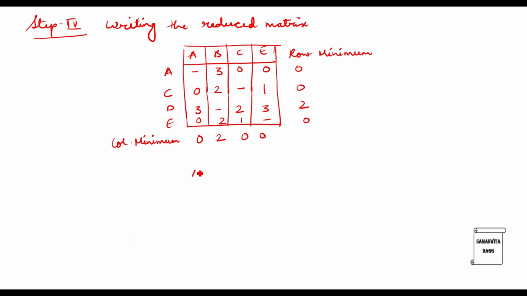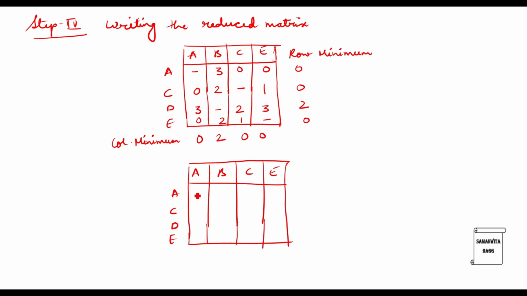So the new matrix will have A, B, C and E as the column. Here I'll have A, C, D and E. So this will be copied directly 0, 3, 0, 0. Okay, this will be 1 now and not 3. This will be 0, 0.